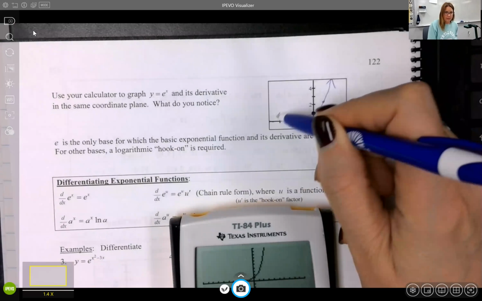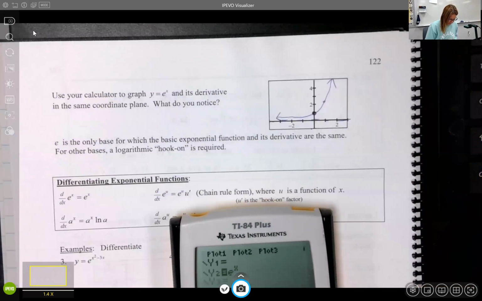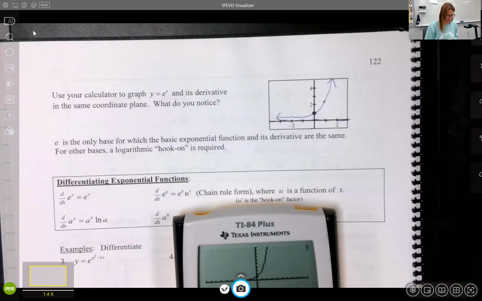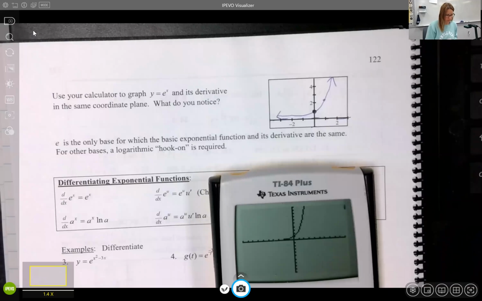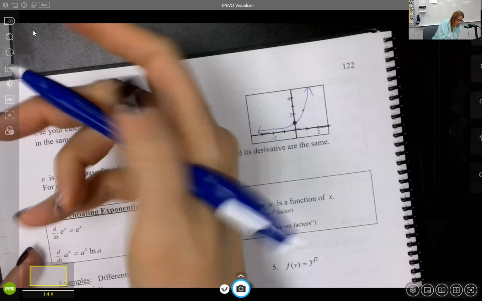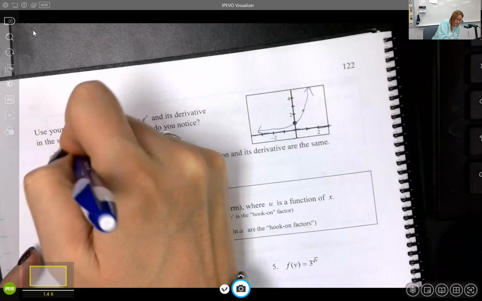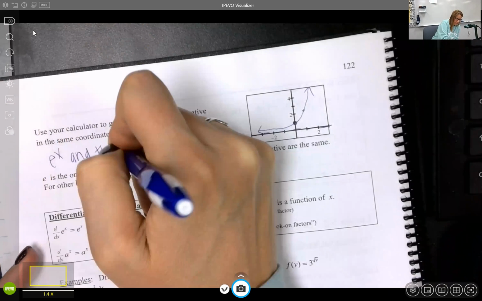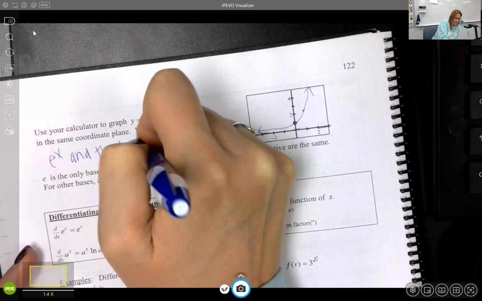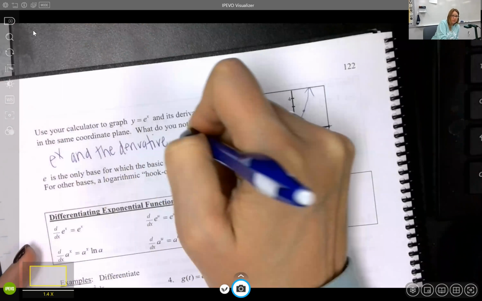And then if I graph the derivative, so math 8, of e to the x, voila! Nothing changes. So what do we notice? e to the x and its derivative are the same.